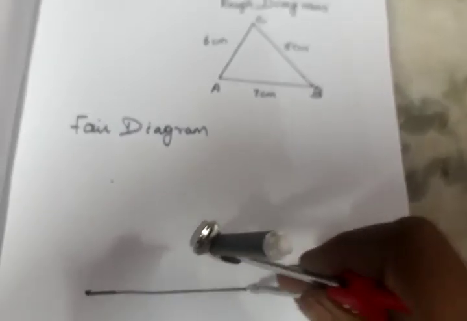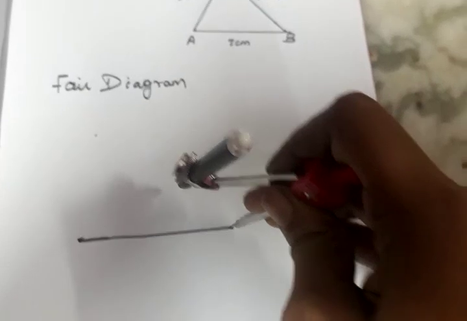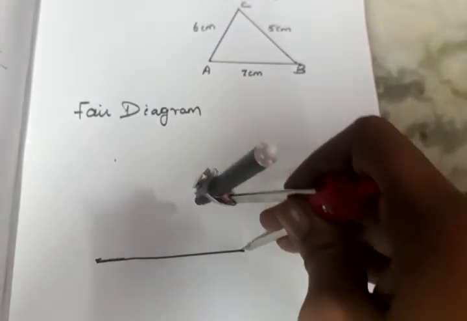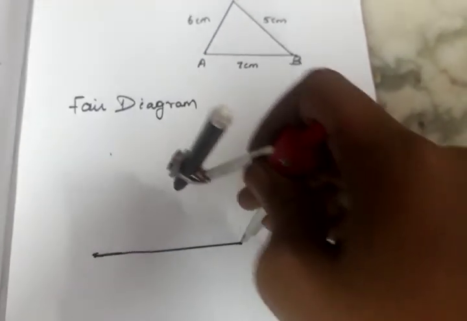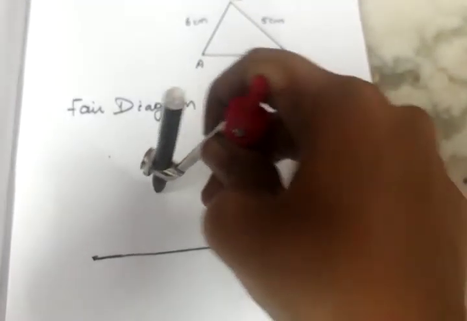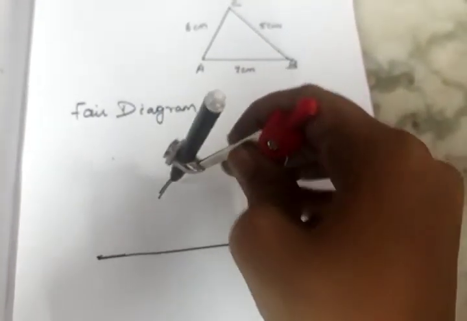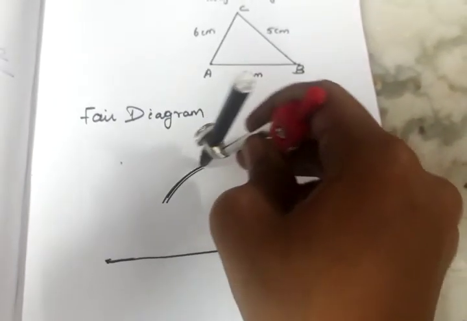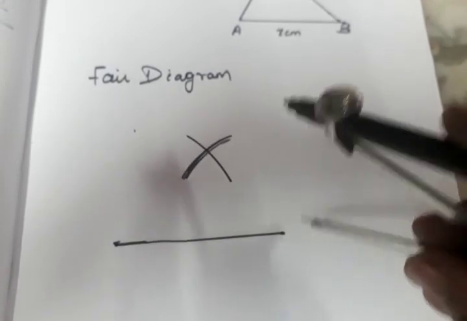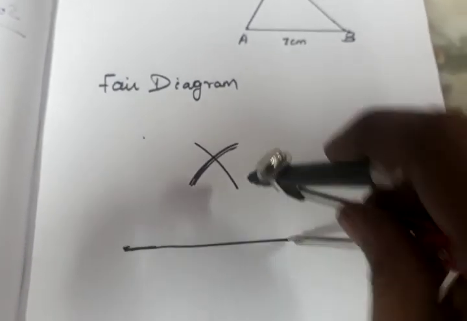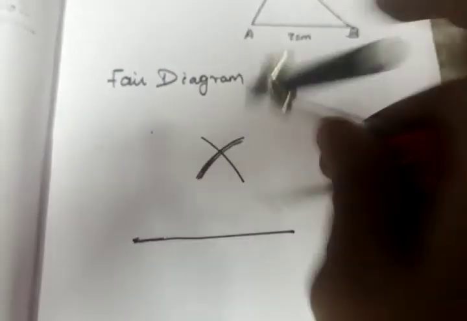Then next, BC 5 centimeter. So first we cut BC 5 centimeter. Then next, AC 6 centimeter.